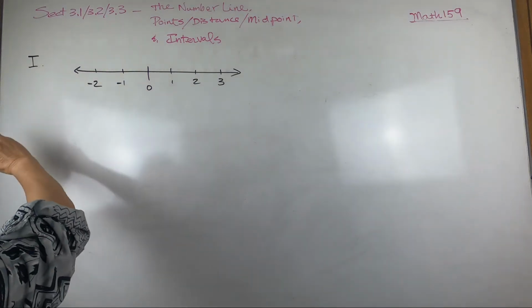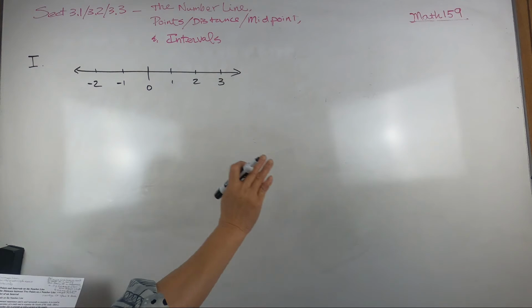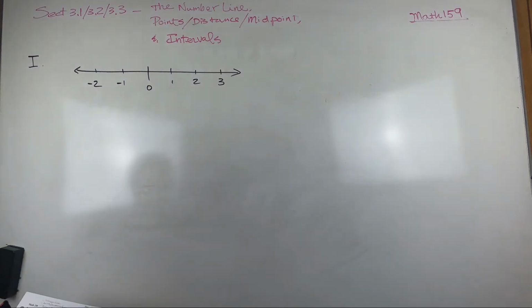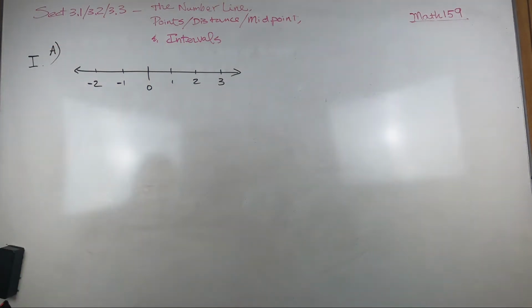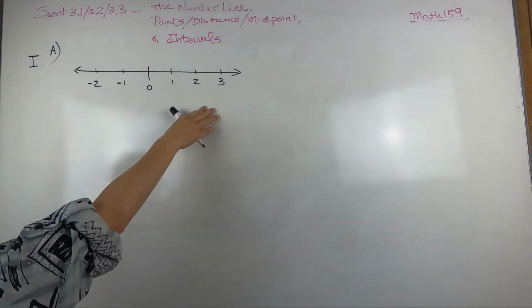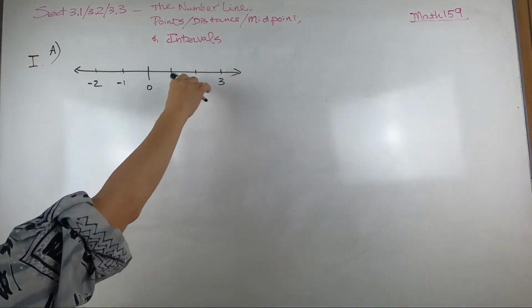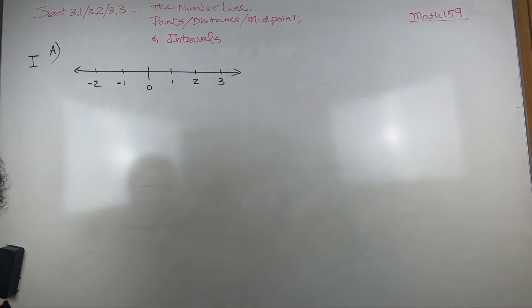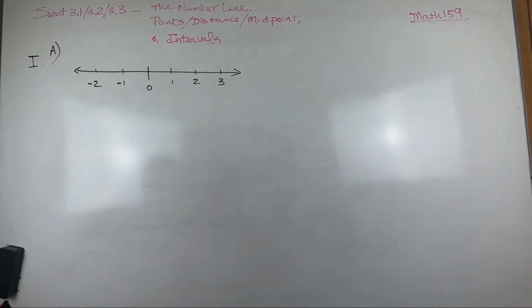So the things on the left hand side will be negative. Things on the right hand side will be positive. So we are going to use the number line and put the points and find the distance, find the midpoint, right? And what kind of intervals we go through and how we present them, okay?